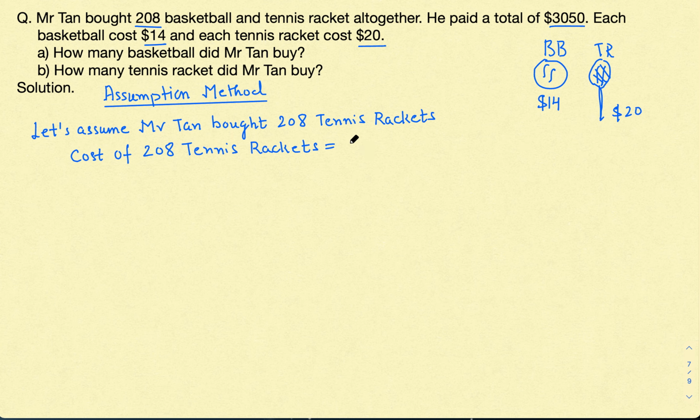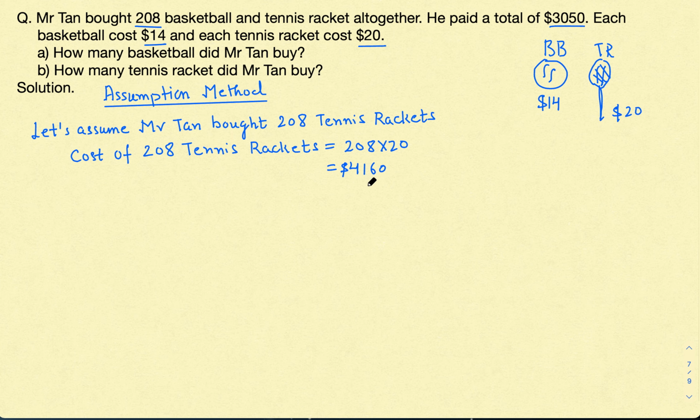It will be equal to 208 times 20, which will be $4,160.